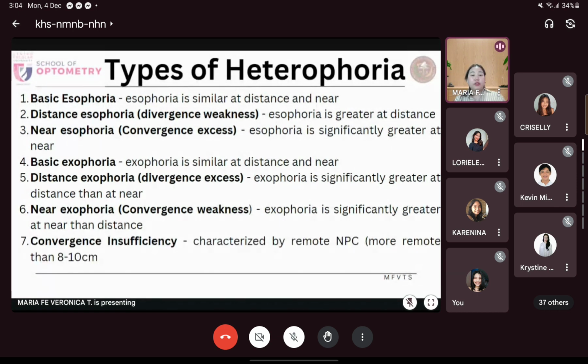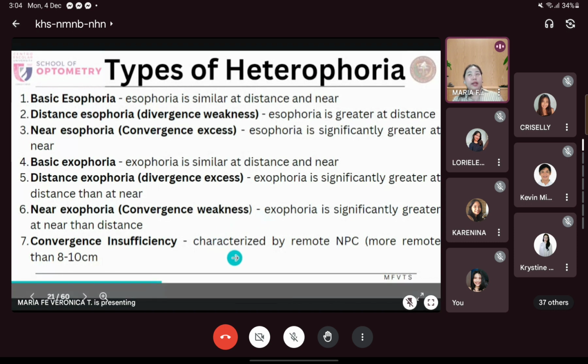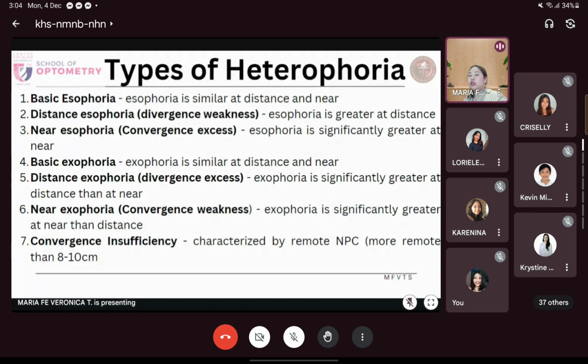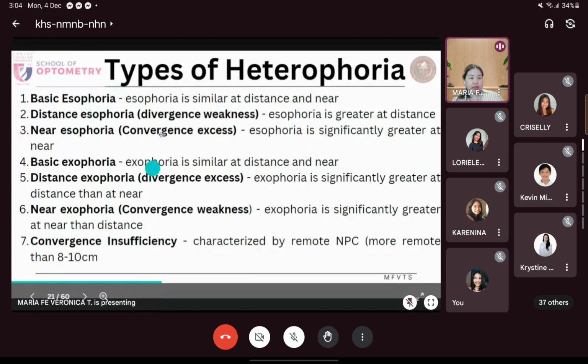For convergence insufficiency naman, this is actually characterized by your NPC findings. If your NPC results are higher than the normal na 8 to 10 centimeters, then you would classify the patient to have convergence insufficiency. So this is the basic definitions ng mga heterophoria natin.